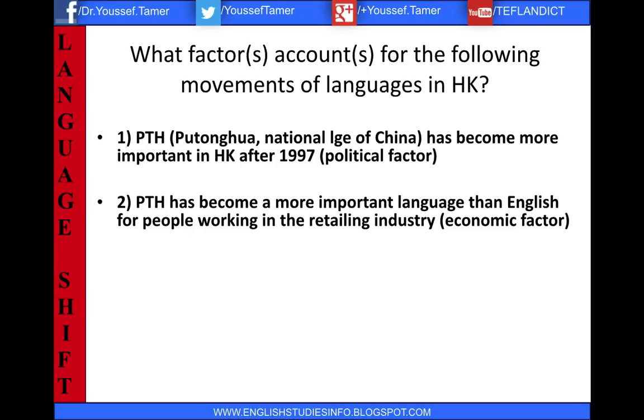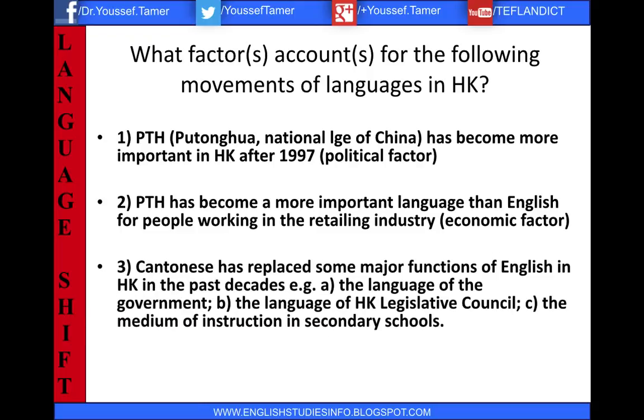But after independence, because of this political orientation, it became more important, and it is becoming more important in business, in the retail industry. And here we have an example of an economic factor, the relationship between the seller and the buyer.